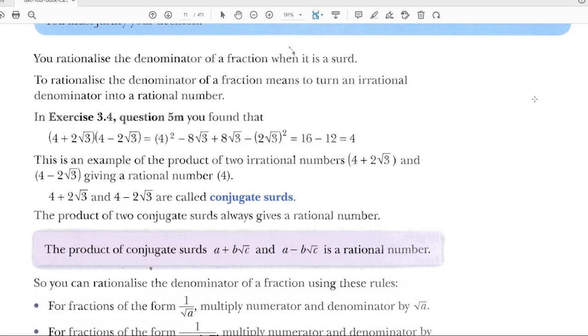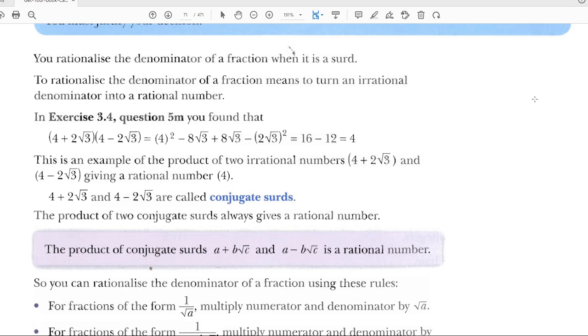I already told you, an irrational number which is in square root, or you can say a square root number which doesn't have a root which is a whole number. For example, square root of 5. So you rationalize a denominator of a fraction when it is a surd. To rationalize the denominator of a fraction means to turn an irrational denominator into a rational number.